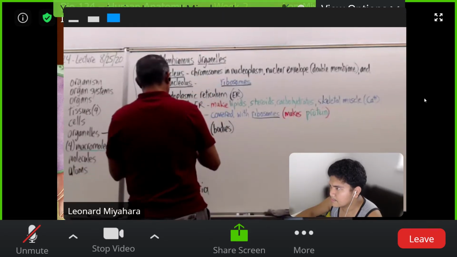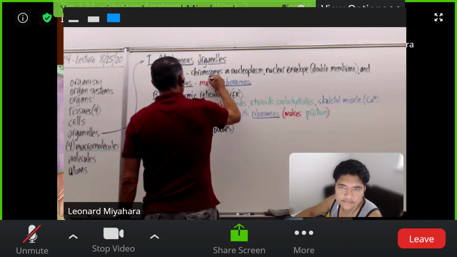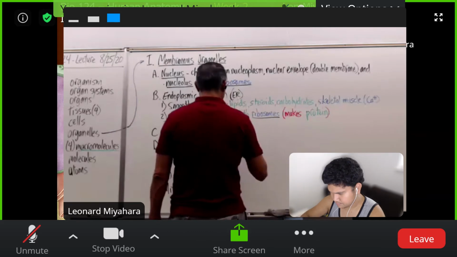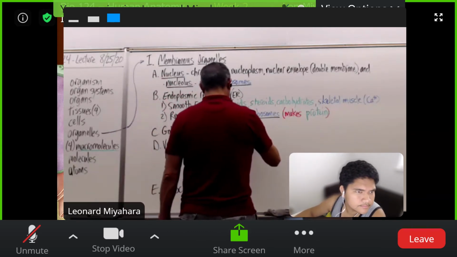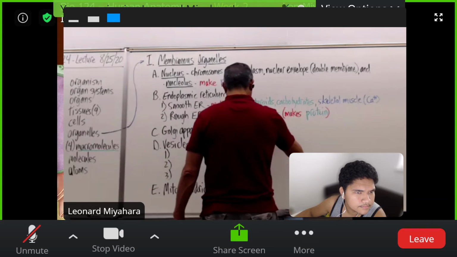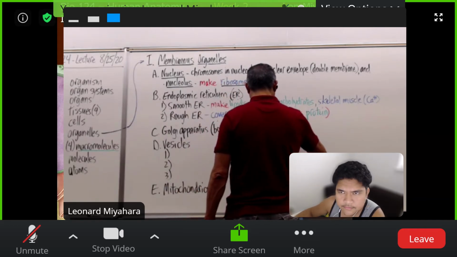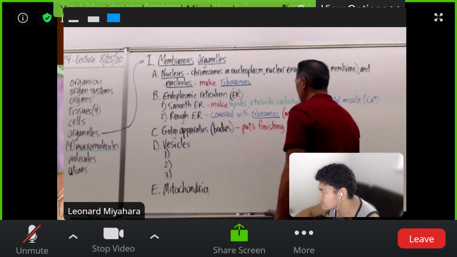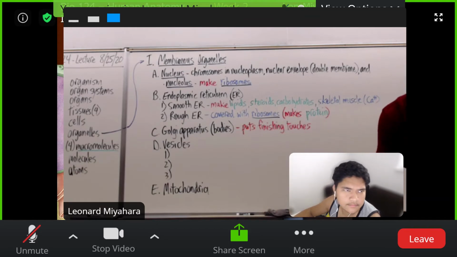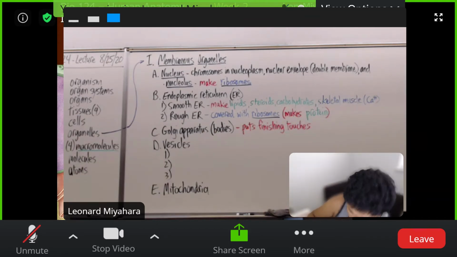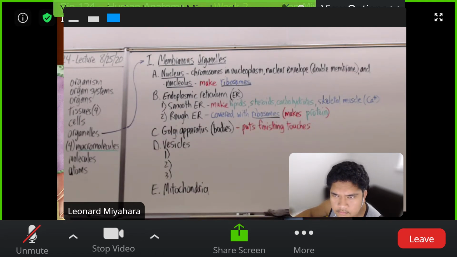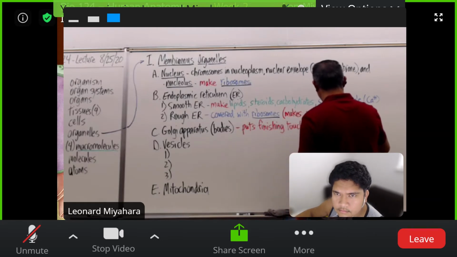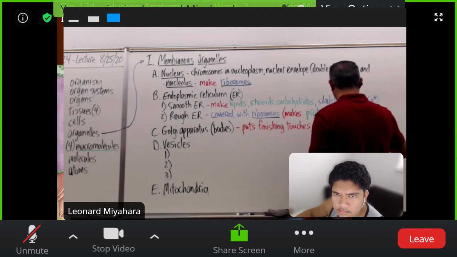They put finishing touches on products, whatever the cell is making. The fine tuning. Looks like a stack, when you see it in an electron micrograph, it looks like a stack of flattened pancakes. Right?